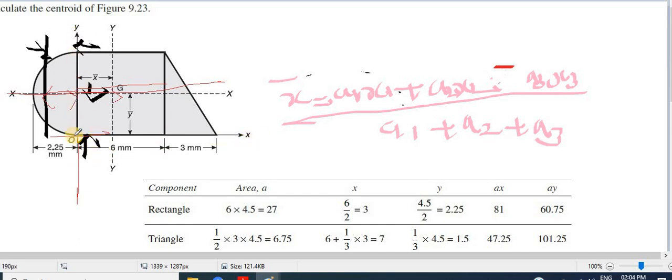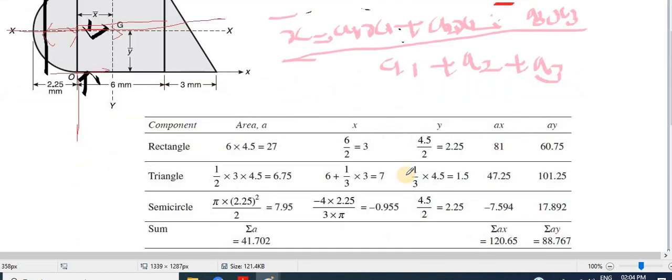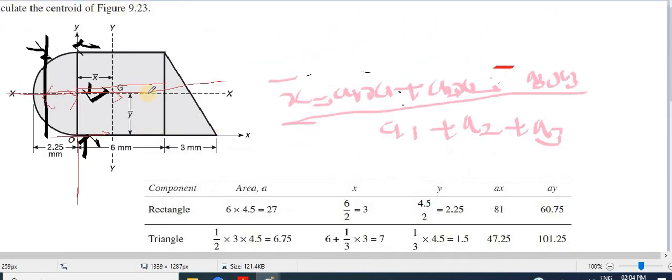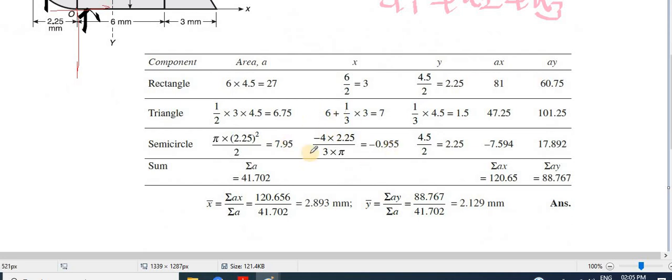Here the reference axis at the middle, y is middle. So here to here the distance y to yg is negative. Instead of that A1 Y1, A2 Y2, everything is positive because you see y1, y2, y3. So all the distance from x to x axis, it lies in the positive plane. But here all the X3 is in the negative plane. That is why it is minus over here.